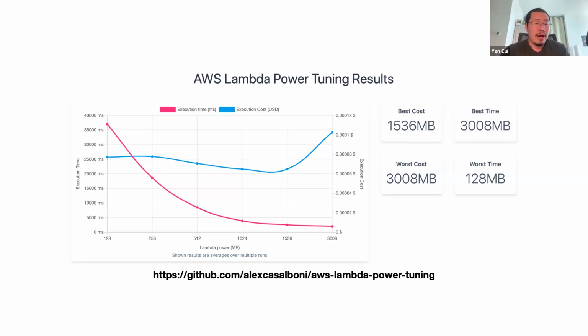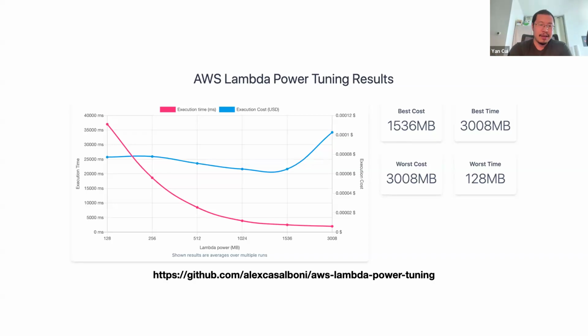As you can see, by and large, adding more memory, even though it increases the cost per millisecond, actually reduces your overall cost, because even though it's costing you more per millisecond, you're running faster, so you have fewer milliseconds of execution time.